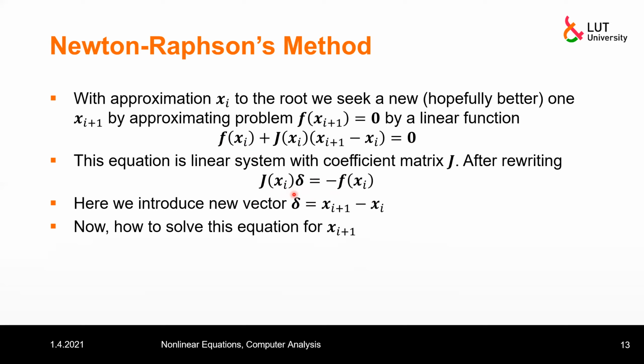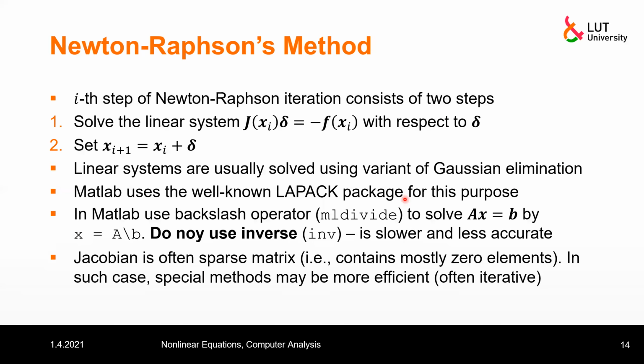There are many ways to solve it. Of course, we'll solve it numerically using MATLAB. And after we solve it for delta, because xi is given, we can calculate xi plus 1. And then we check if our function is close enough to 0. If it's close enough to 0, then we'll stop as usual. Okay, so how to solve it?